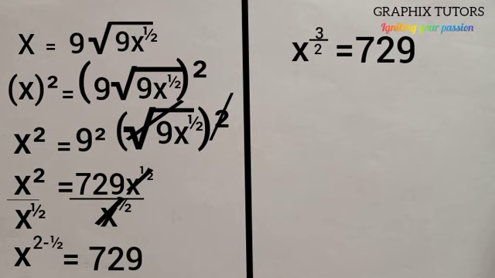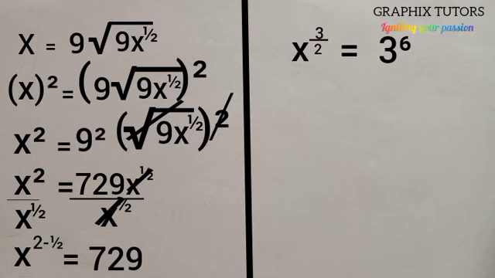Now, you can write 729 as a number in base 3. 729 in base 3, the lowest base, is 3 raised power 6. So I will now have x to the power 3 over 2 equals 3 to the power of 6. Now, whenever you have a power that is a fraction going to the other side of the equation sign, it changes position.